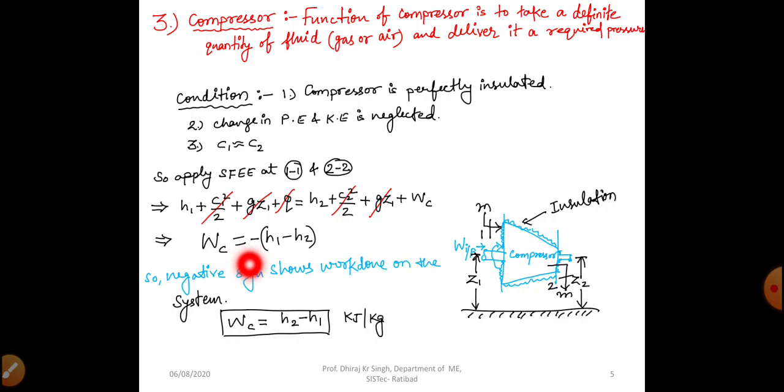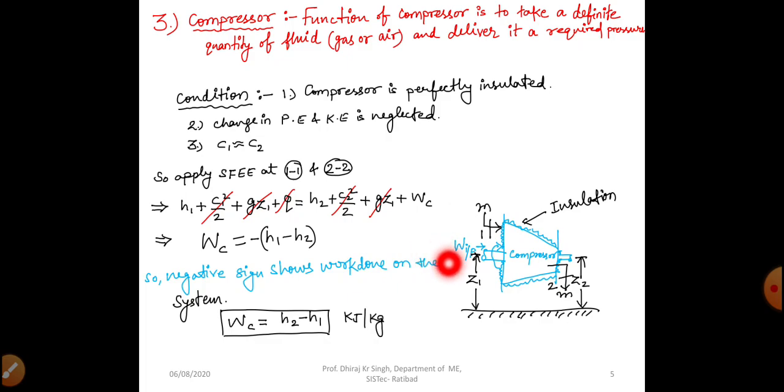That will be with a negative sign, because in a compressor work is done on the system, right? So either we can write WC as negative, or we have finally written here WC equal to minus H1 minus H2, right? So the negative sign shows work done on the system. Whenever we have power consuming devices, because in compressors we have to give work input, but in the turbine we are getting work output.